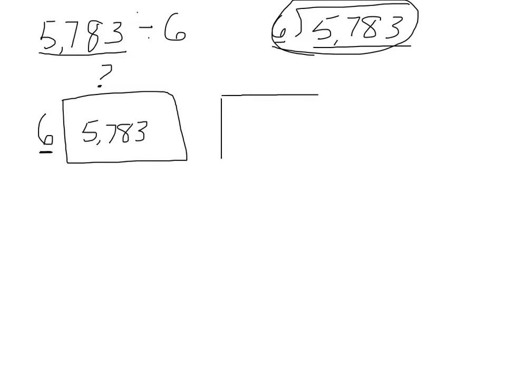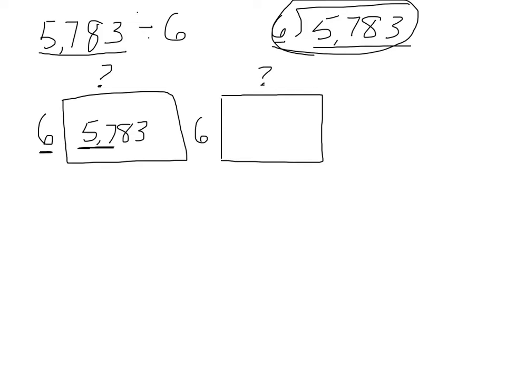I'm going to create these area models to go with it. So my first area model, I have my factor 6. I can't use just 5. But if I take a look at 57, I know that I can make 57 go into 6 groups. But I don't have 57, I have 5,700. So I'm going to have to change that to a thousands number.